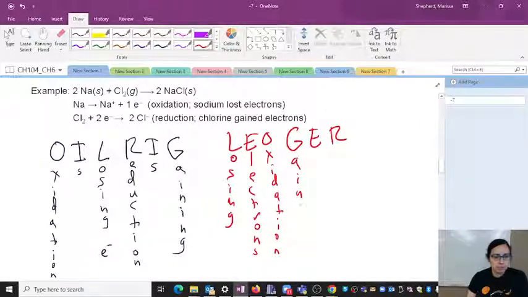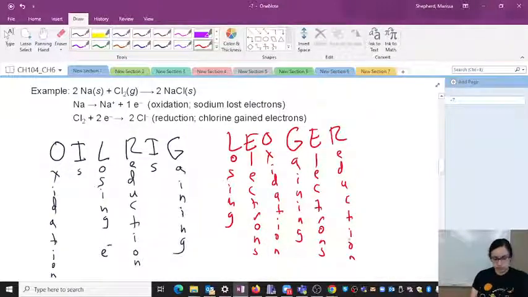Gaining electrons is reduction. So either one of those.